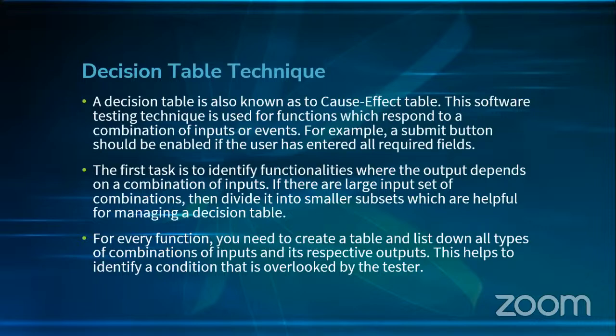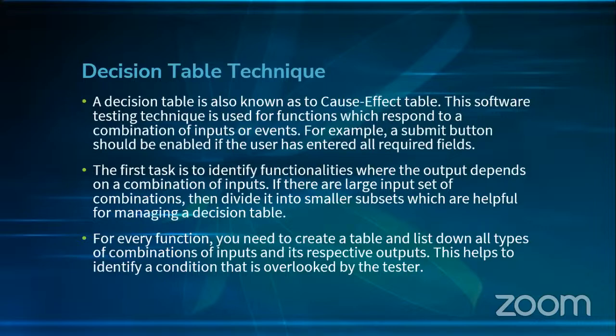That's when the submit button is enabled. If you want to do a registration, before that registration button is enabled, you must have filled all the mandatory fields. Then you get the registration. If you don't fill it, it will still be grayed out. You won't see anything there. It will be grayed out.